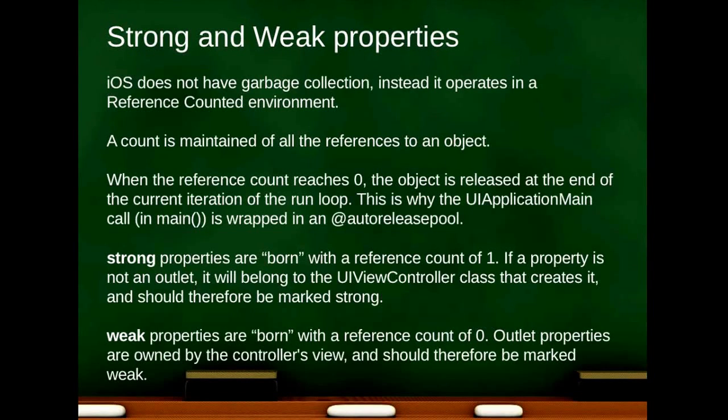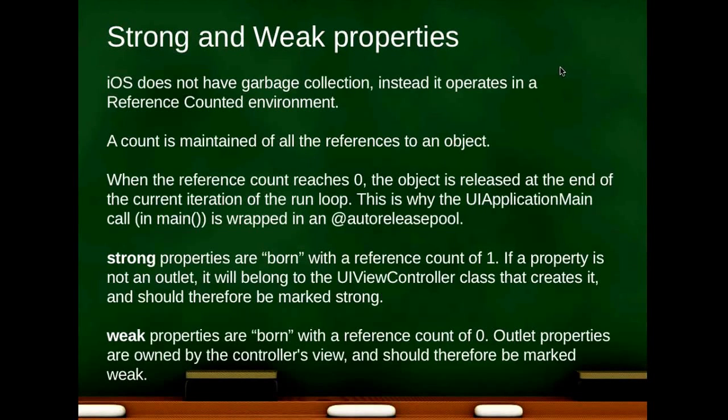A reference count is simply a count of the number of references made to an object. In other words, how many classes, how many objects have a pointer to this object? And how many pointers does maybe one object have? In other words, the sum total of the number of references to every object is that object's reference count.